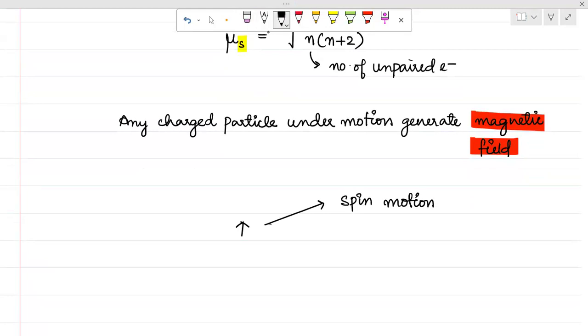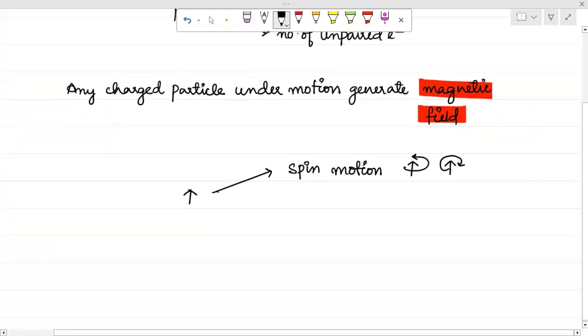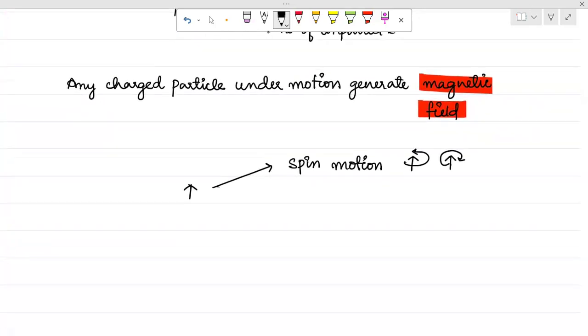Spin motion means the electron has its own axis and it can rotate either clockwise or anti-clockwise. That is one type of motion which will generate magnetic moment, and the magnetic moment generated due to spin motion is written as mu s, where s is the subscript denoting the spin motion.